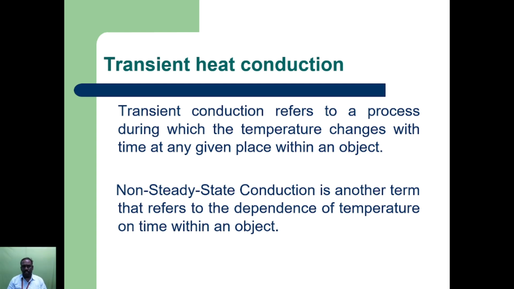Transient conduction refers to a process during which the temperature changes with respect to time. With respect to time constant means steady. If it is not constant, if it varies with time, each and every moment the energy transfer takes a different value, that is unsteady.